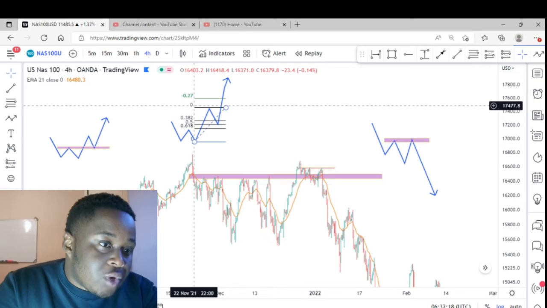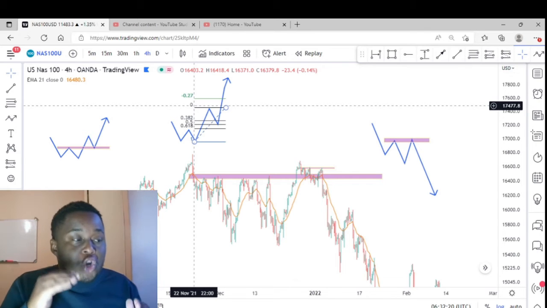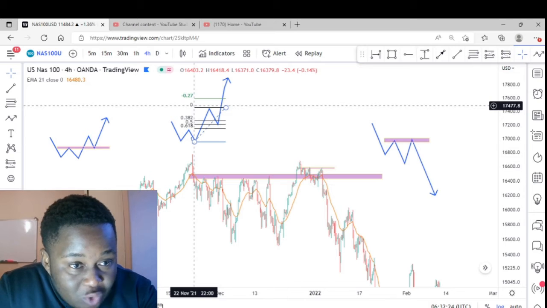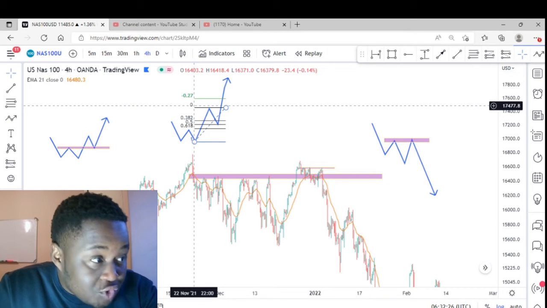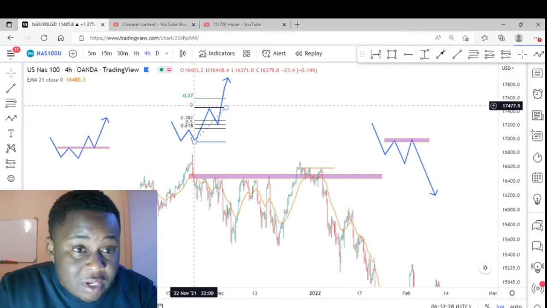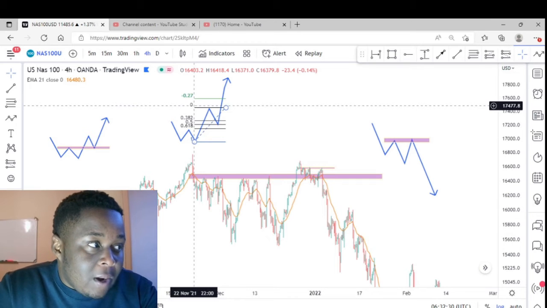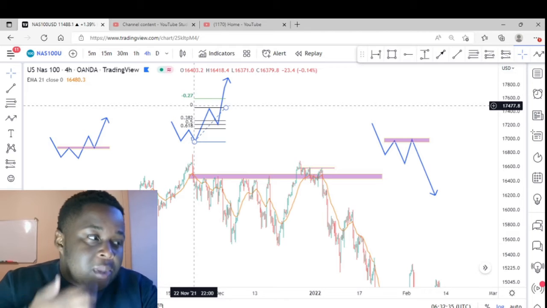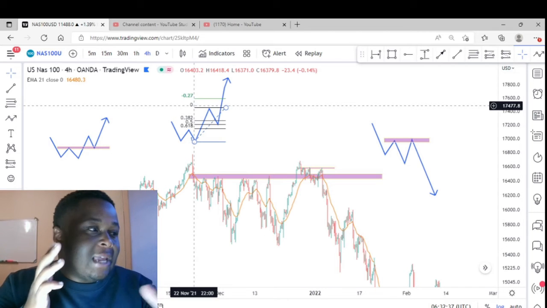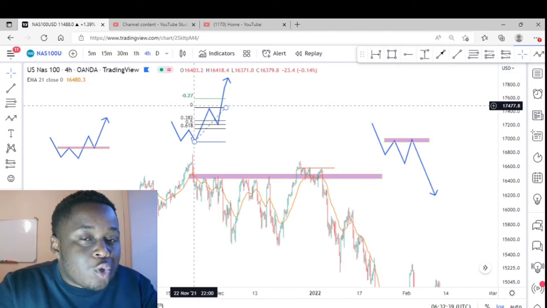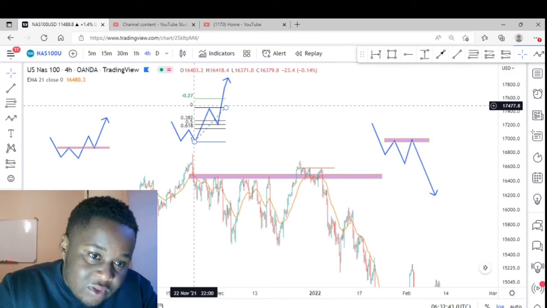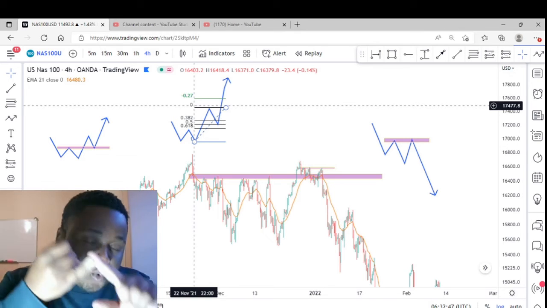Because remember, if it just shot out of the neckline without making a retest on the smaller time frames, just literally shot out with bullish candles, I need a significant retracement for me to take the trade, and you have to build confidence with it. You can't just take the trade because it's at the 0.5 and the 0.618 level. It has to be at the 0.618 level.